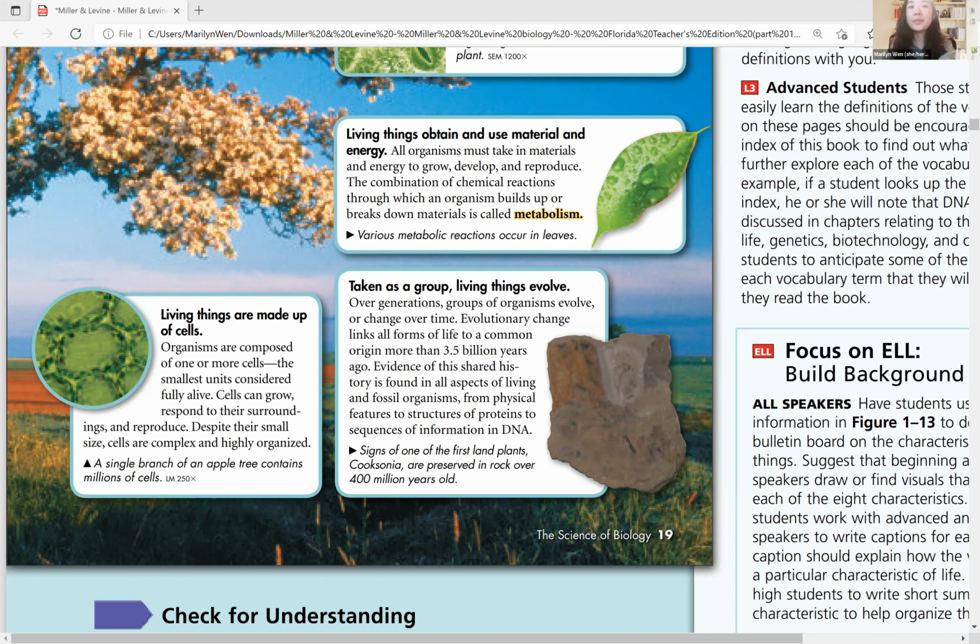And then the next one is evolution. So most or all living organisms evolve, but what you need to remember about evolution is that single organisms do not evolve. They need to evolve as a group. It can't be like I'm evolving throughout my lifetime.